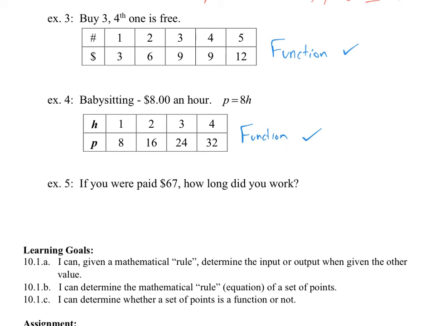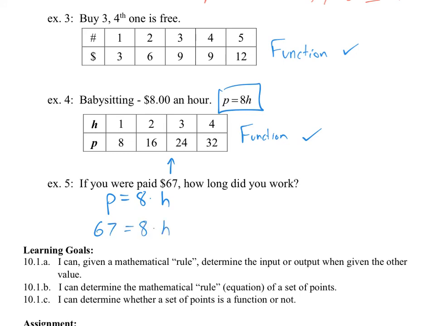And now last question, it's not a function or not a function, but if they were to say, if you were paid $67, going back to this example here, how long did you work? So we have this equation here, P equals 8 times H. Where do I put my 67? P, yep, it's the pay. So you get paid $67.